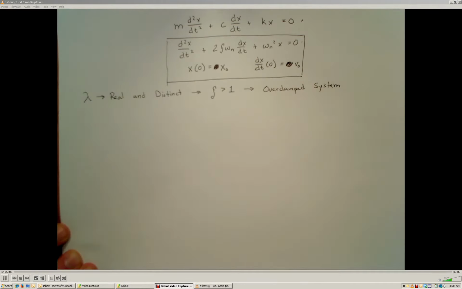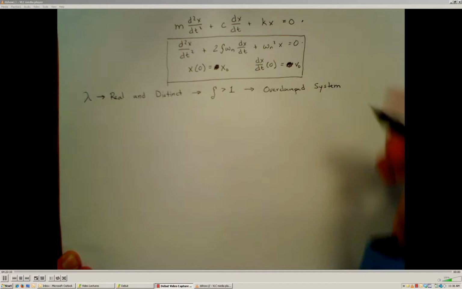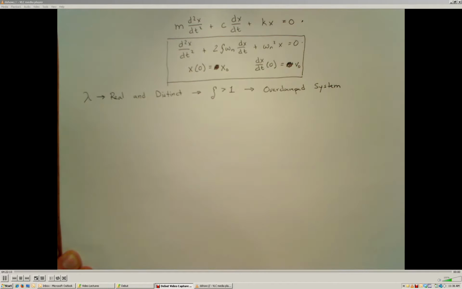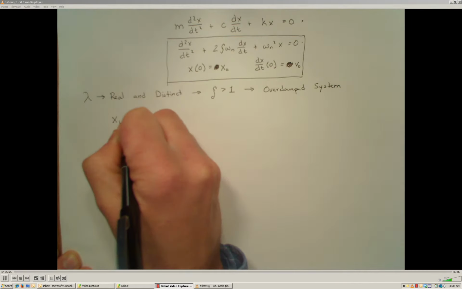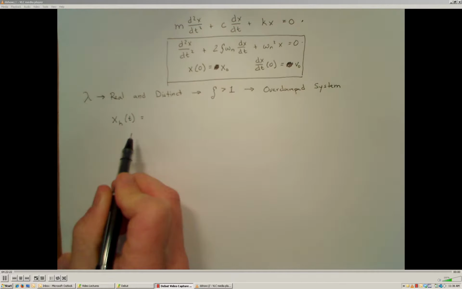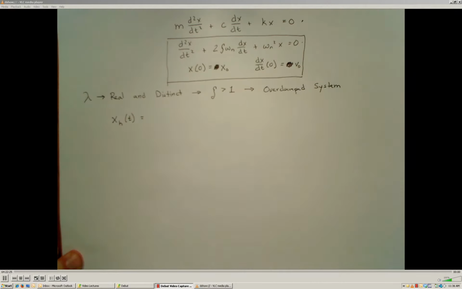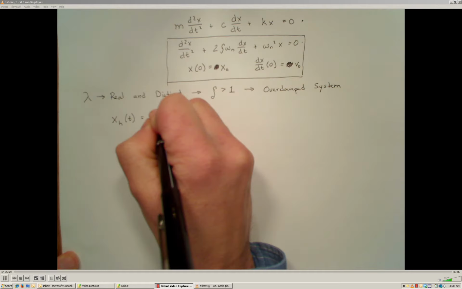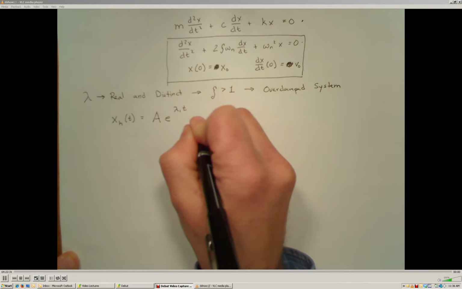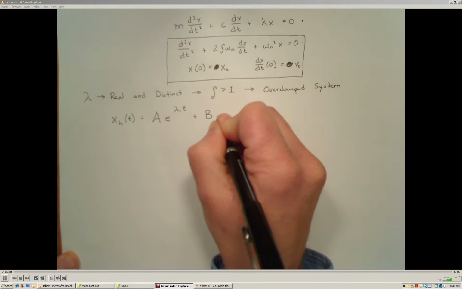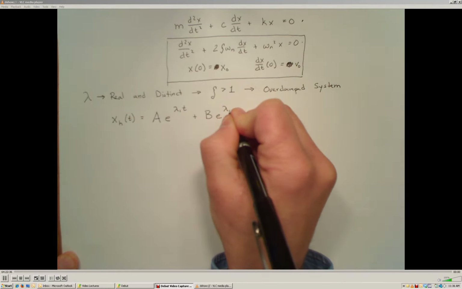Now that we know the eigenvalues, or the roots of the characteristic equation, we also know that since this is a homogeneous equation, the only thing we need to solve for is the homogeneous solution. The homogeneous solution is going to take the following form: an unknown constant times e to the first eigenvalue times time, plus a different unknown constant times e to the second eigenvalue times time.